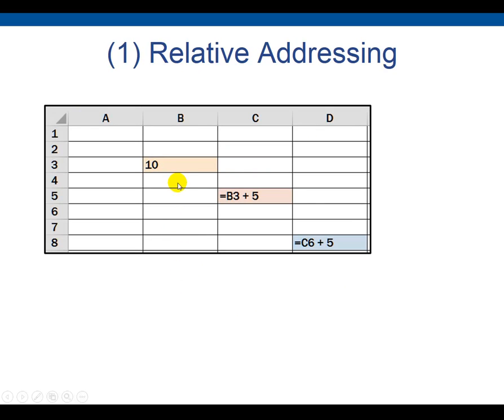Relative addressing is, let's say we have the number 10 in cell B3. So C is B3 plus 5. Then we copy this cell to D8. This automatically changes to C6, because B3 means go 1 left and go up 2 rows.